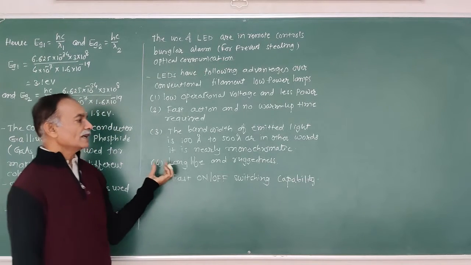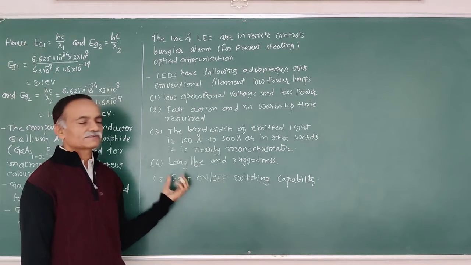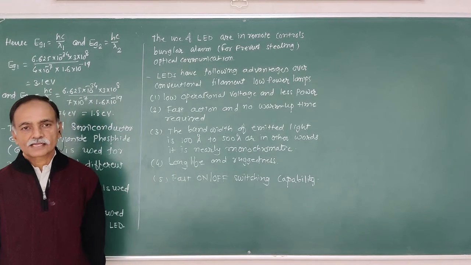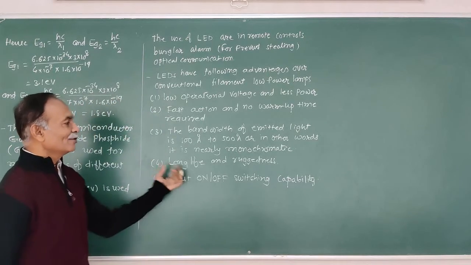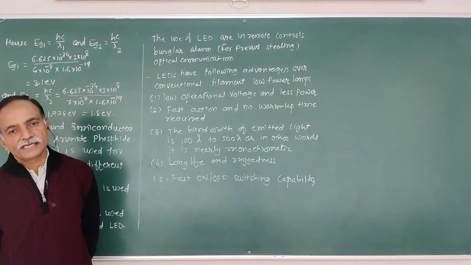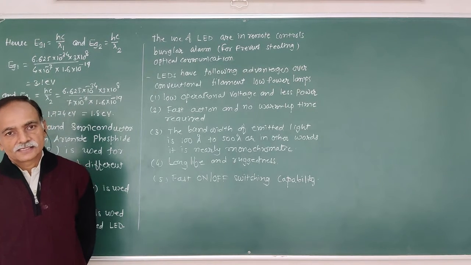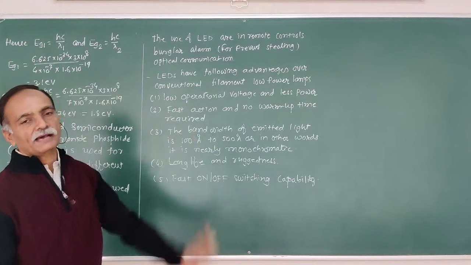Now, the long life and ruggedness. It works for a long time. The fast on-off switching capability. So these are the benefits of the light emitting diode over the filament bulb.